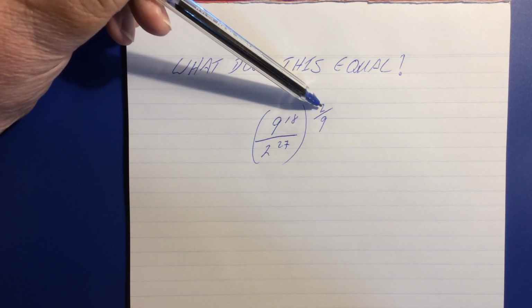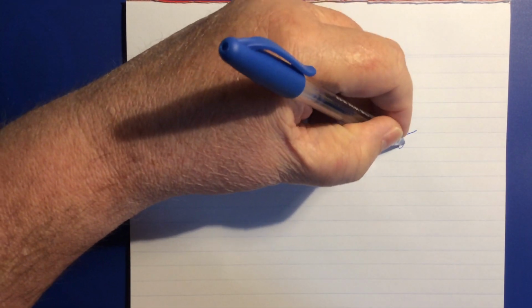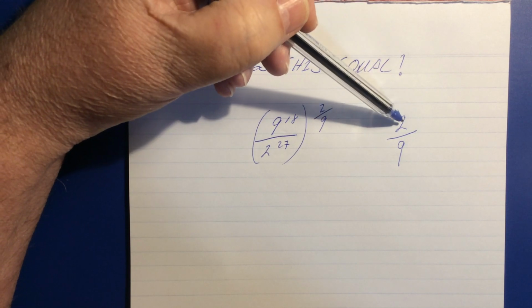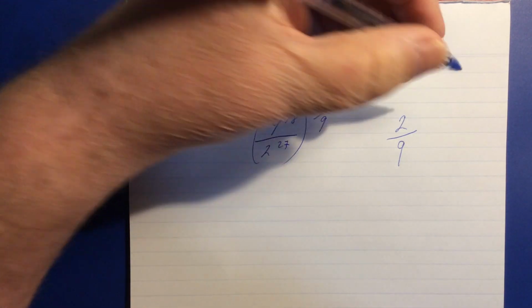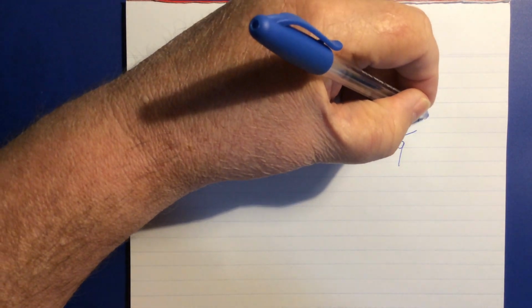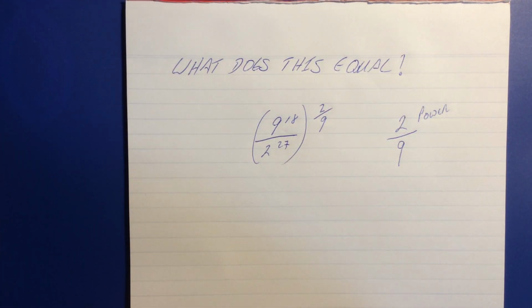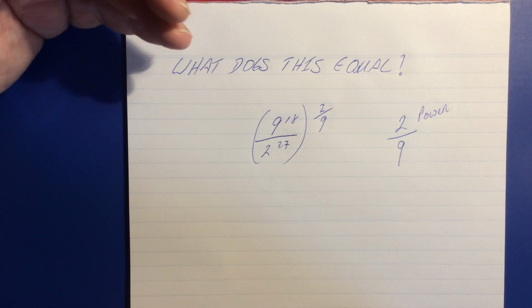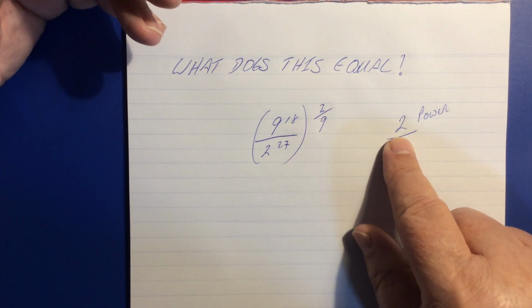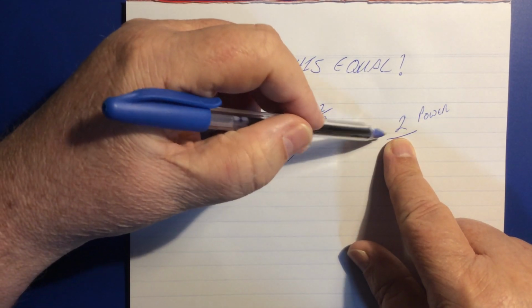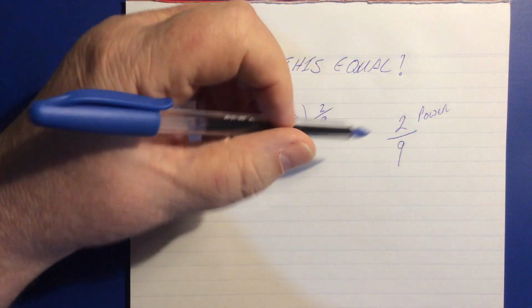This number up here, I gave the game away, is what I like to refer to as a power. If we didn't have this here, it would be something to the power of 2.